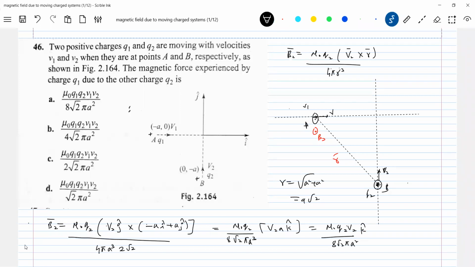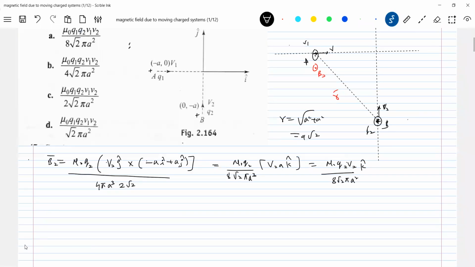Now it will interact with this charge. So F is equal to, apply the formula now. What is the formula? F1 is equal to Q1 V1 bar cross B2 bar. This is what the force is asking.